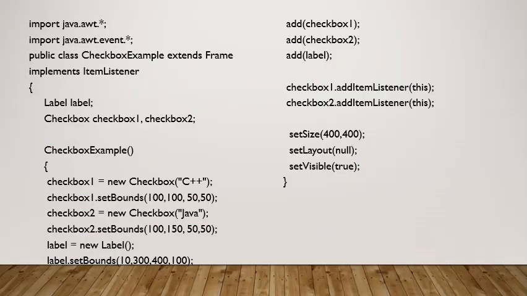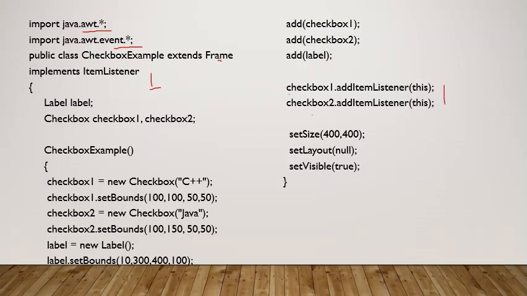Now the program, as I have explained earlier, we are importing AWT and AWT event. The class name extends Frame. This is our first point of the event delegation model: implements the listener. Then there is the registration method: checkbox1.addItemListener(this), and checkbox2, because two components are there on which we can apply the event.